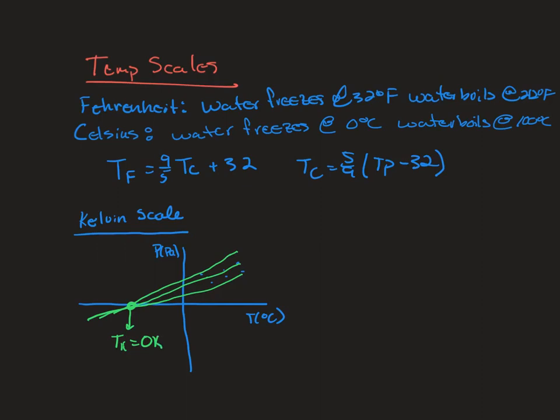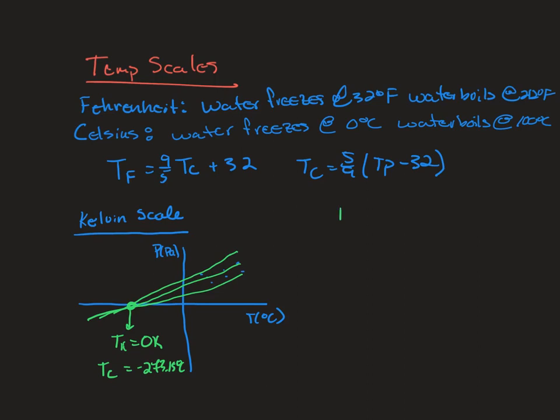There's actually no degrees, so 0 Kelvin. And this corresponds in Celsius to negative 273.15 degrees. So this is what we refer to as absolute zero: 0 Kelvin or negative 273.15 degrees Celsius.